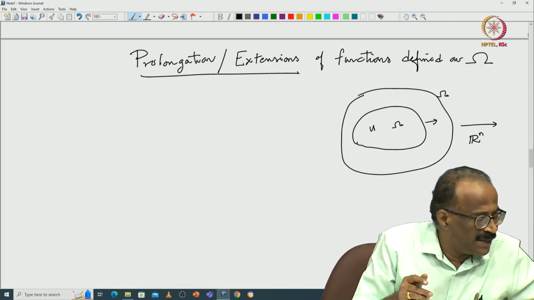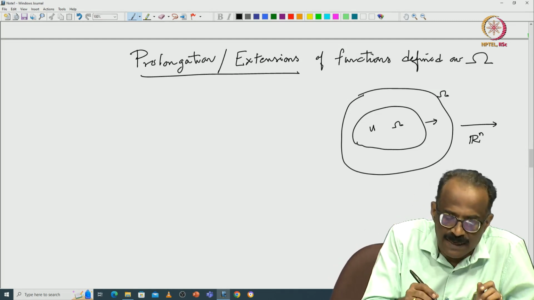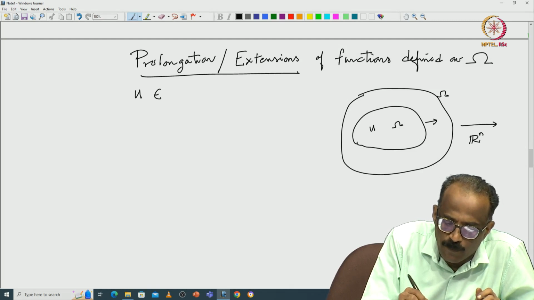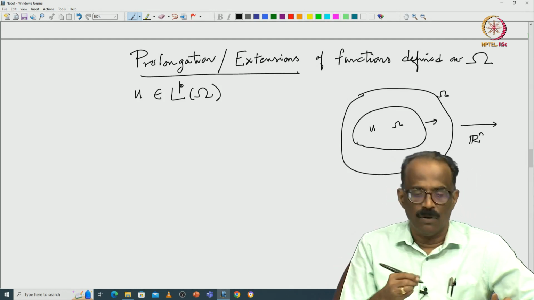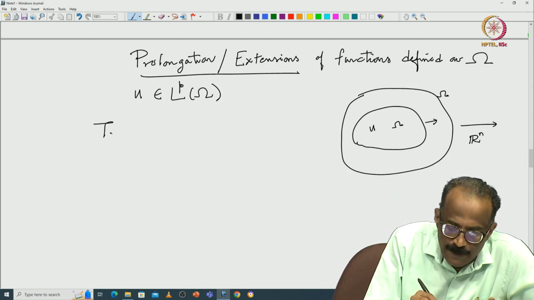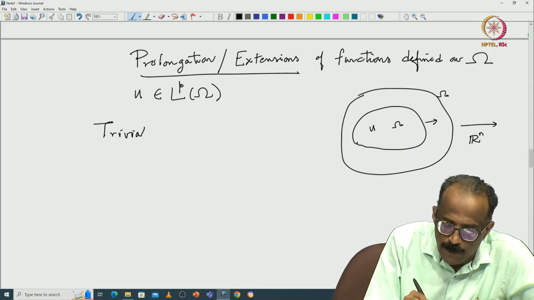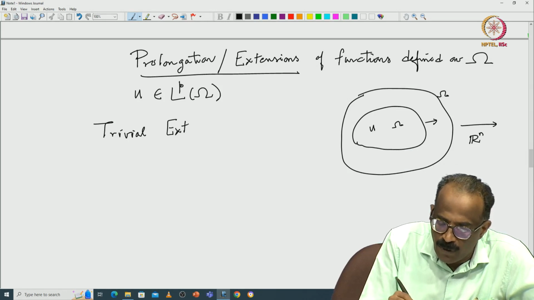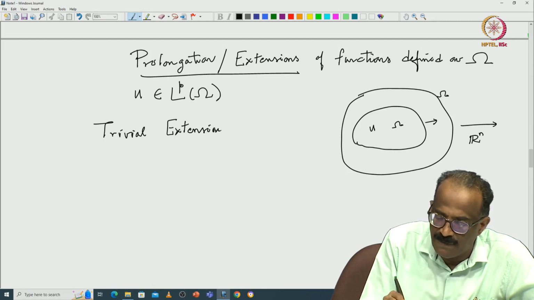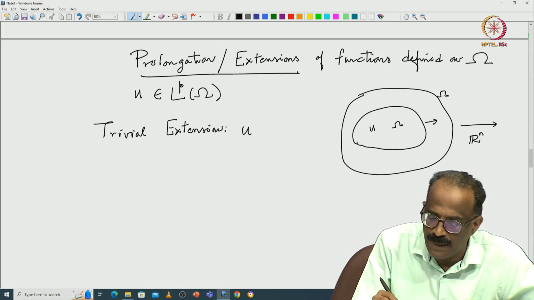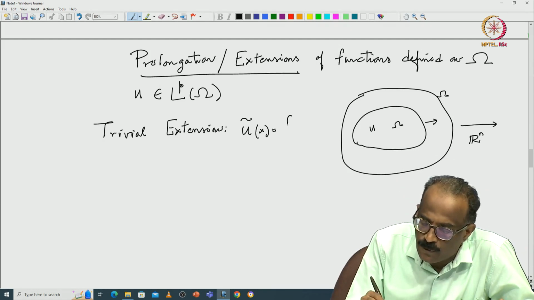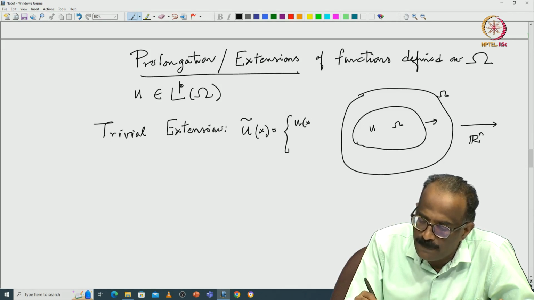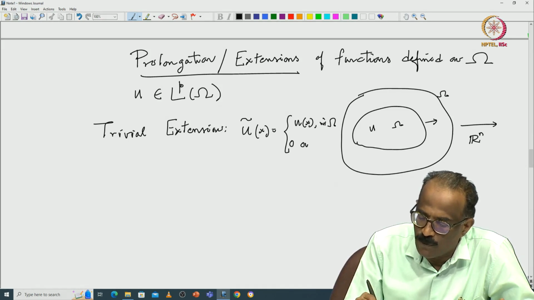But then the extensions are not that trivial. Suppose u is in L^p of omega. We look for a trivial extension, for any p. We always call it the trivial extension, denoted by tilde. You define u tilde of x equal to u(x) in omega and you define 0 outside, that of course is an extension.